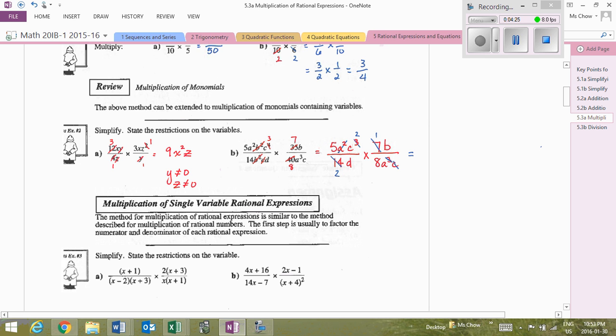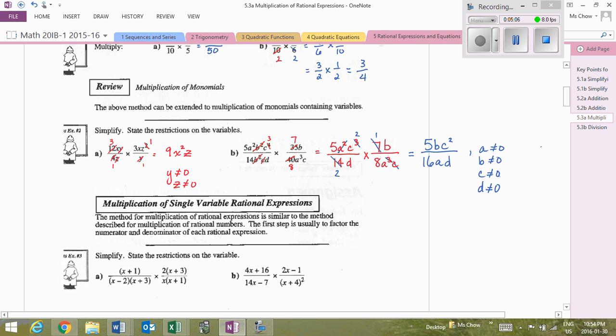So our final answer then is 5c squared b, or keep those in alphabetical order, so 5b c squared over 2d times 8a, so that would be 16AD, and whatever variables were ever in the denominator, so that is all of A, B, C, and D. So our restrictions then, of course, are A cannot equal 0, B cannot equal 0, C cannot equal 0, and D cannot equal 0.